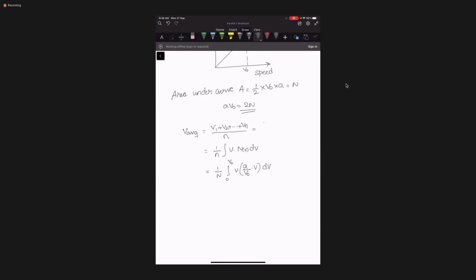Do it. Integration. No, wait. It is only N dV, not V into N dV. Correct? So V square by 2.